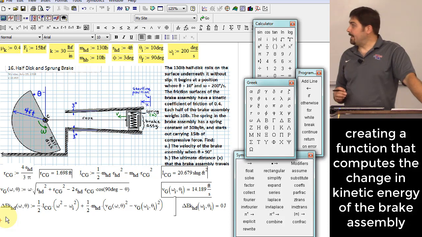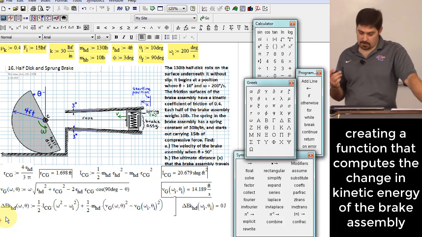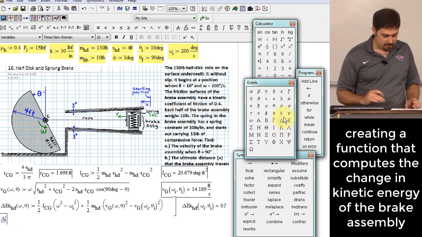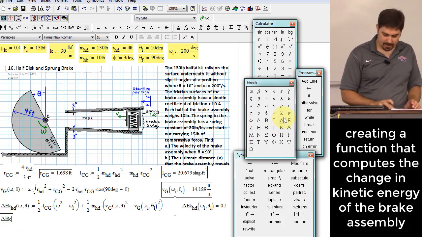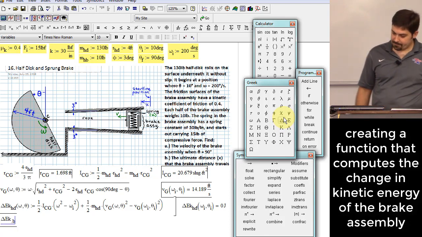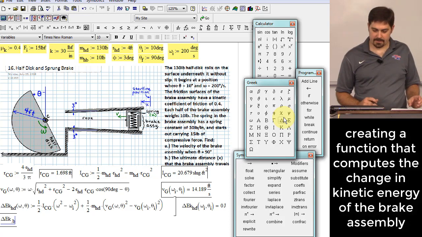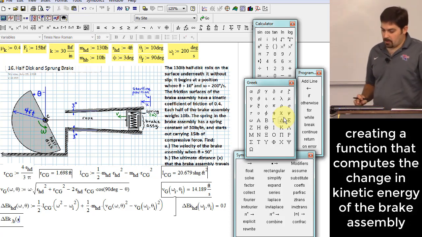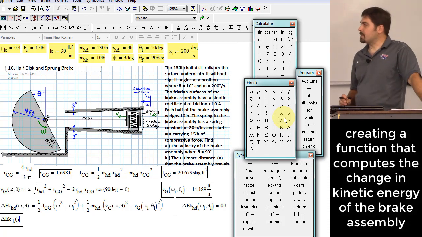The velocity of the brake assembly is related to the velocity of the half disk, right? So I should be able to come up with something in terms of similar variables there. I should be able to come up with something that gives me my change in kinetic energy of the brake. So I'll just call that Ek sub B. Now, what is it going to be a function of?